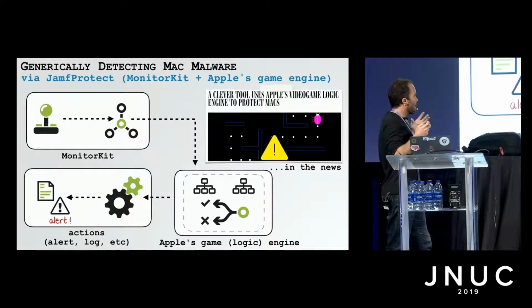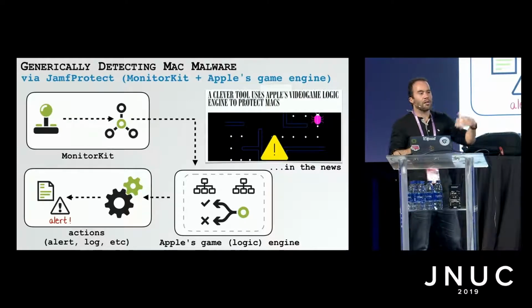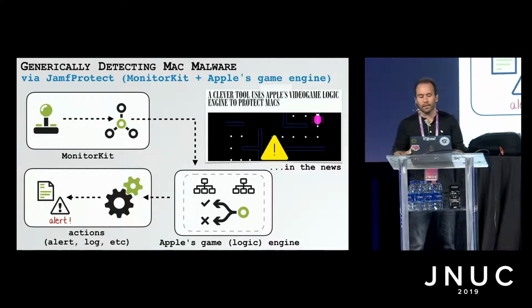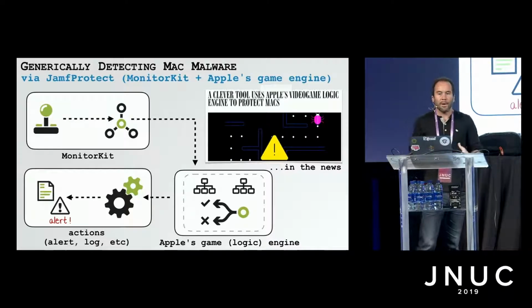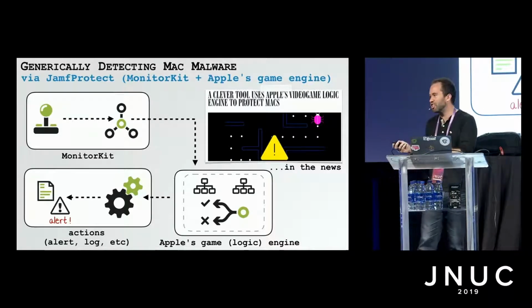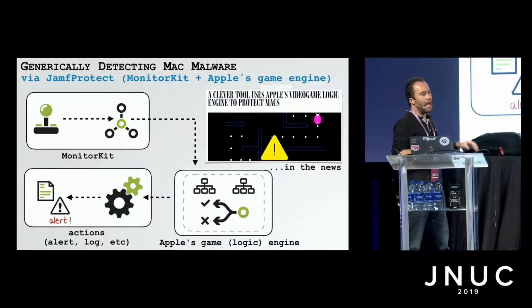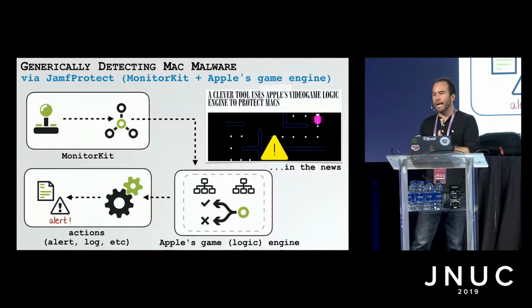So let's end by talking about how we can do this in an enterprise security product. We've talked a lot about Jamf Protect this week, so I'm not going to get into it too much. But suffice to say, we are monitoring the system for a whole bunch of activities: mic and webcam access, persistence, key logging activity, synthetic clicks. We feed all that data into Apple's game logic engine.